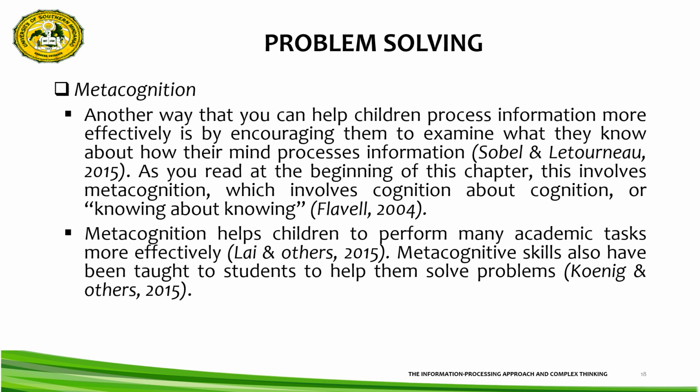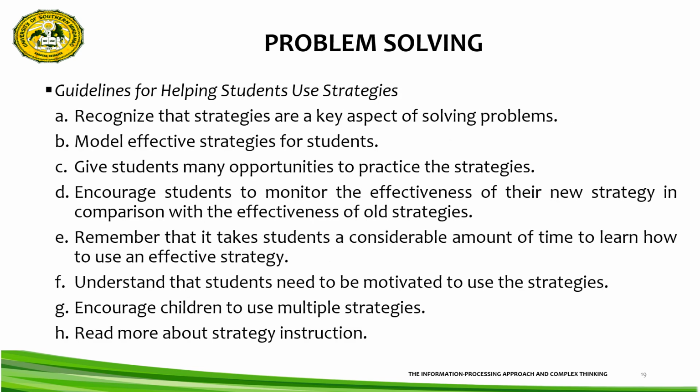Metacognition helps children to perform many academic tasks more effectively. Cognitive skills also have been taught to students to help them solve problems. Metacognition, as the main character for our problem solving, includes the use of different strategies.